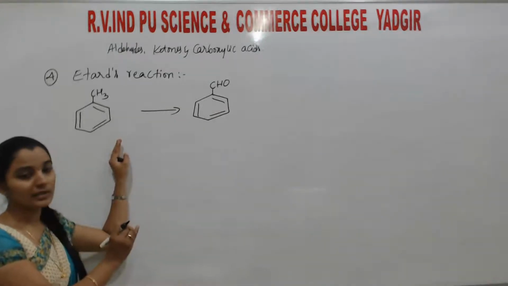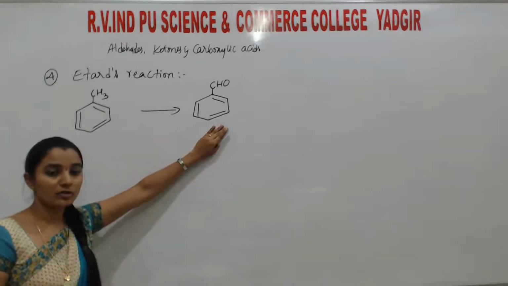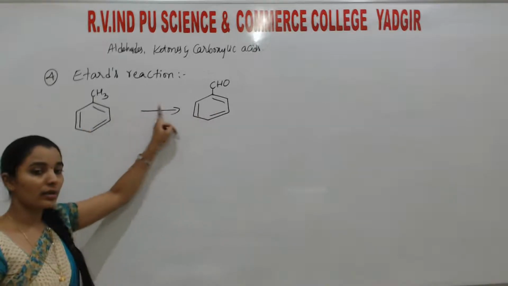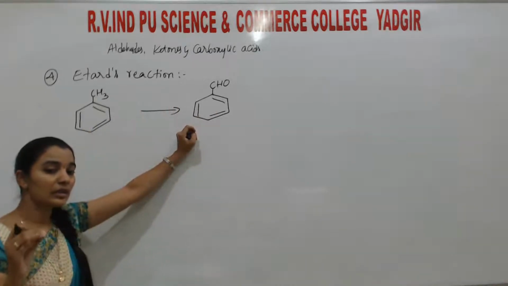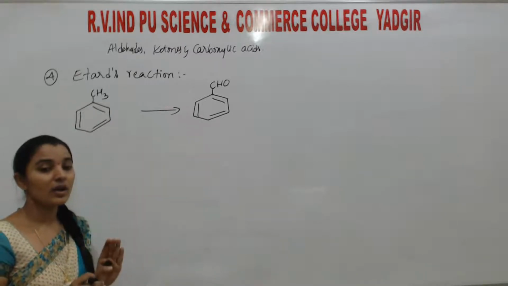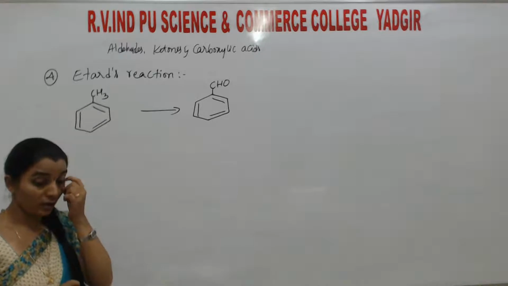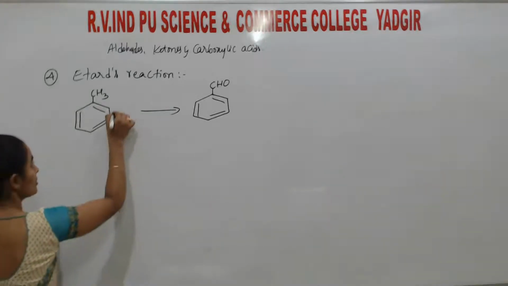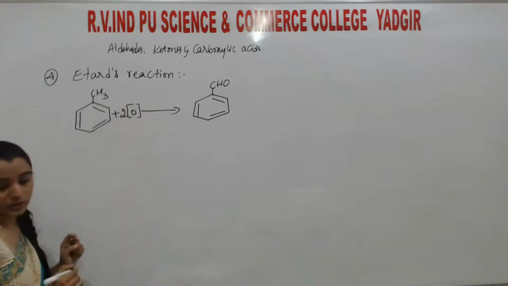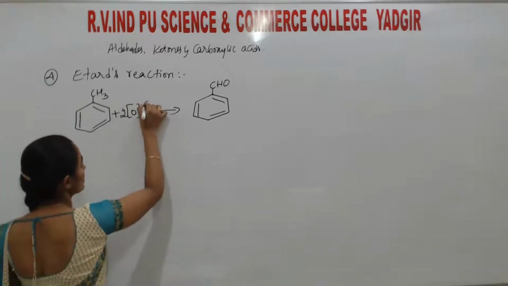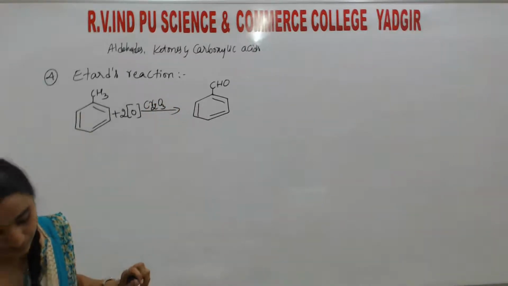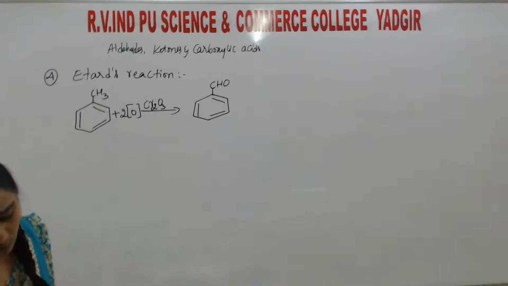So simultaneously, if we compare hydrogen and oxygen, here there is no oxygen, here oxygen is there. Here 3 hydrogens are there, here only 1. So simultaneously reduction of hydrogen as well as addition of oxygen takes place. That is called an oxidation reaction. Okay, so this Etard reaction is the oxidation reaction taking place by the addition of oxygen. So here the reagent used is chromyl chloride, CrO2Cl2.